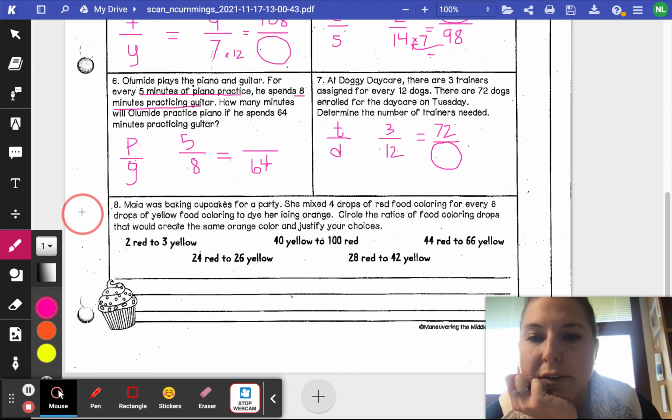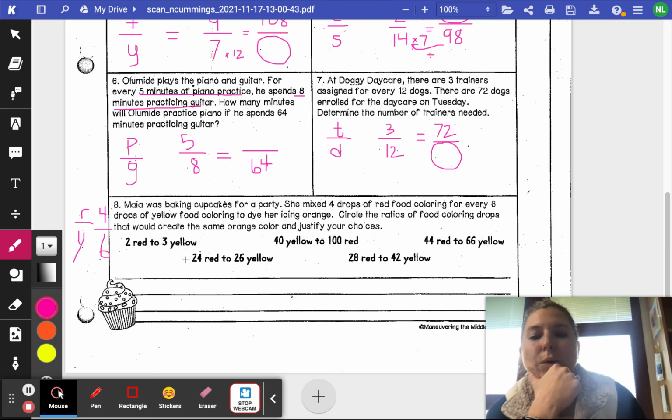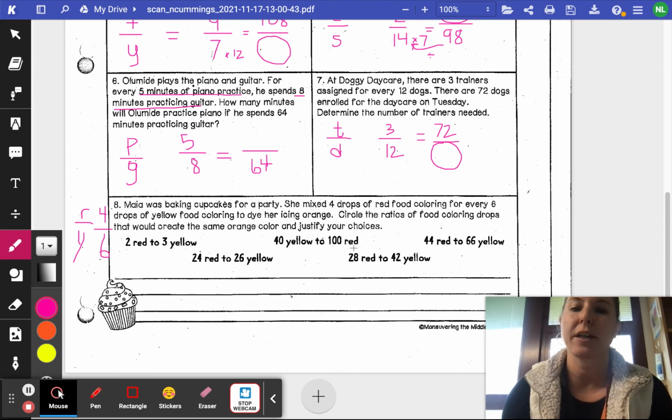So you're looking for red over yellow, and you need 4 drops of red for every 6 drops of yellow. So you need to see which one of these equal the same as 4/6. If I were you, I'd put every single one of these ratios into your calculator.